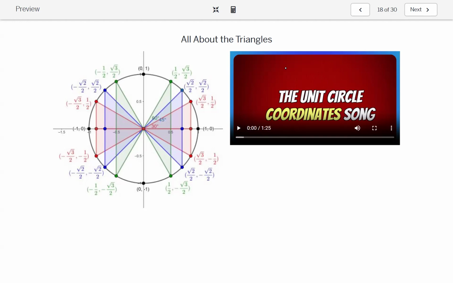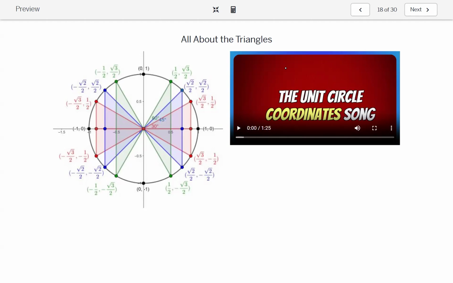The same thing for our blue bow tie. That's our 45 reference angle triangles. And then our green bow tie, the really tall but kind of skinny one, has 1/2 the short x coordinate and square root of 3 over 2 the tall y coordinate for all 4 of those points. So the unit circle has a lot of patterns to it.